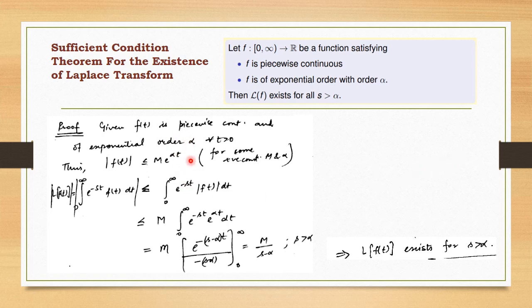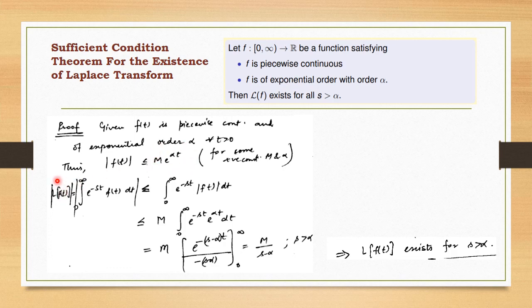Here I have taken the interval 0 to infinity itself, and the second condition is that it is of exponential order alpha. This means for some positive constants m and alpha, there exists some t naught such that for all t greater than or equal to t naught, mod of f(t) is less than or equal to m into e to the power alpha t.